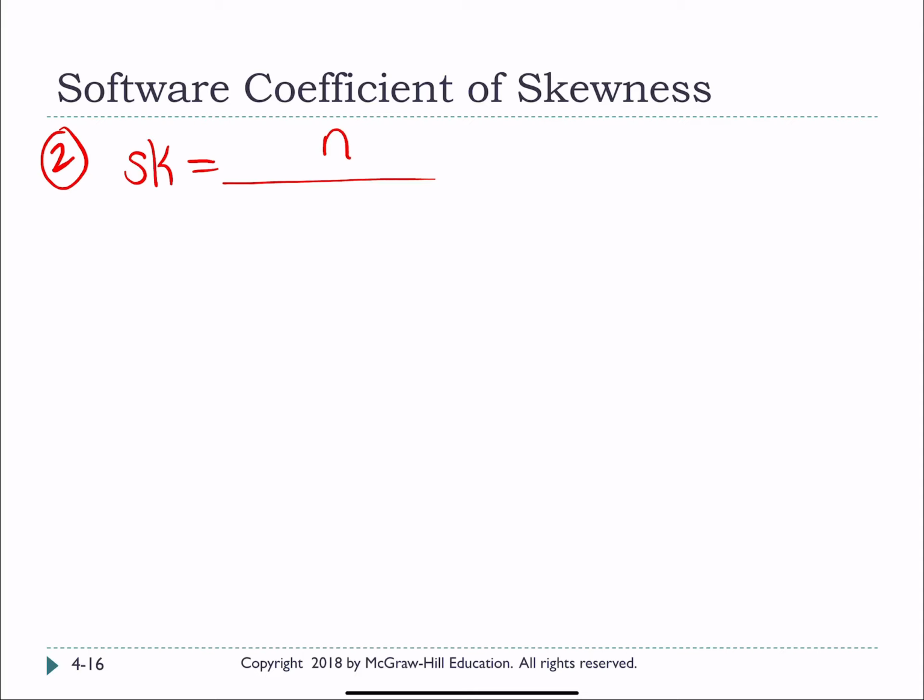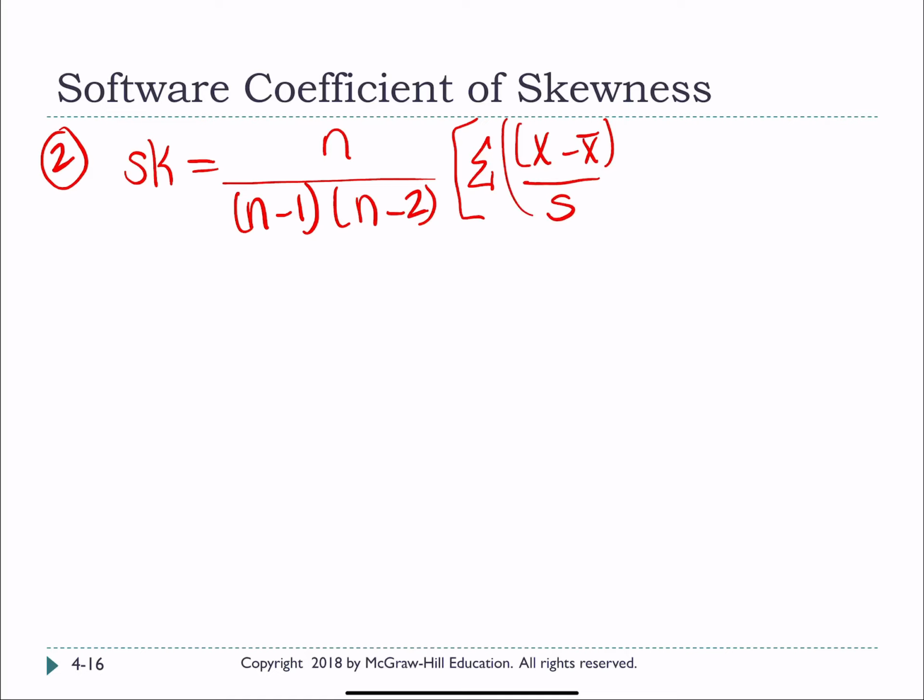It's n divided by (n minus 1) times (n minus 2), and then all of this times the summation of the differences between our x values and our sample mean divided by the standard deviation, all of that cubed, and then we sum up all the cubes and multiply times this n over (n minus 1)(n minus 2) stuff.